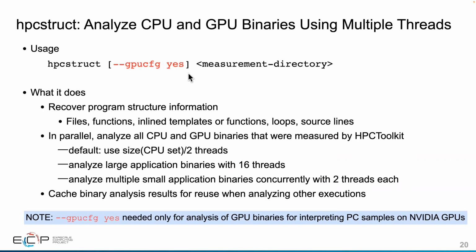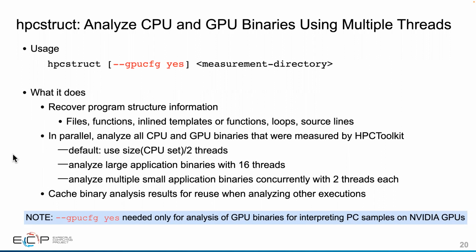There's only one option, which is gpucfg yes. HPCStruct recovers information about files, functions, inlined templates of functions, loops, and source lines. It does that in parallel, analyzing all the CPU and GPU binaries that were measured.